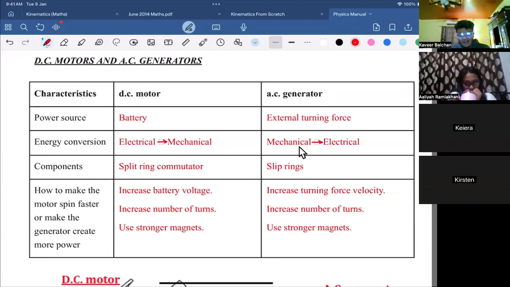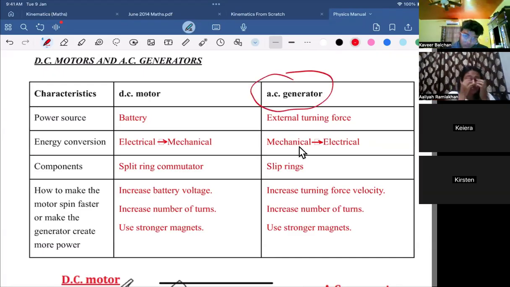When you plug in your Lasco fan into the wall, what does it do? It spins. So electrical power, like a battery, is converted to mechanical energy. It's spinning, so it has mechanical energy.